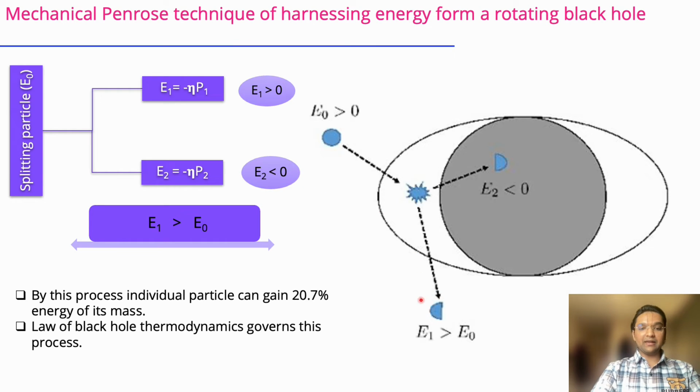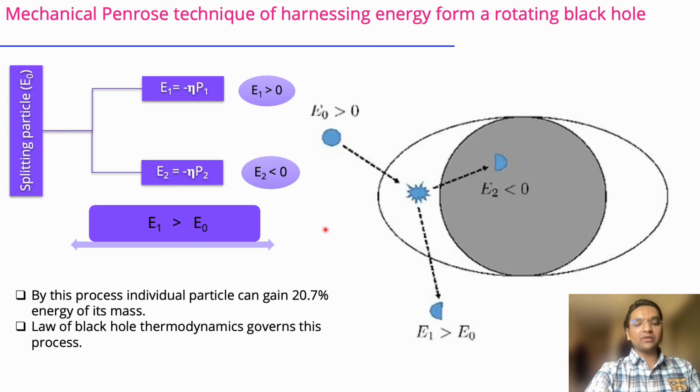Because the daughter particle escapes to infinite space, particle 1 has positive energy, while the second particle falls into the black hole, so it has negative energy. Here, the escaping daughter particle's energy is much higher than the parent particle's energy E0. This is recognized as the mechanical Penrose technique of harnessing energy from the rotating black hole.